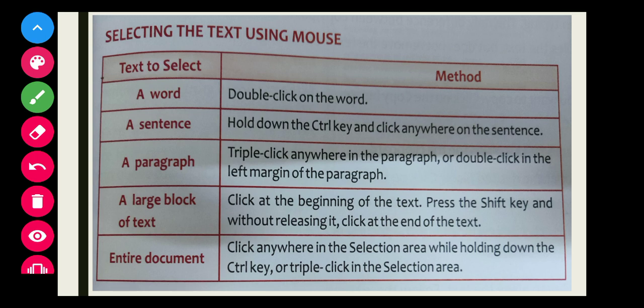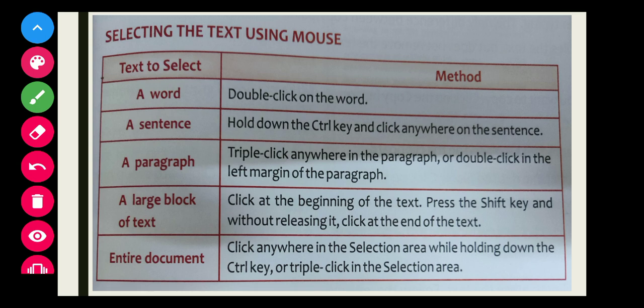Next, if you want to select the whole paragraph, you will triple click anywhere in the paragraph. Next, if you want to select a large block of text, you will click at the beginning of the text, press the Shift key and without releasing it, click at the end of the text. In this method, a large block of text will be selected.